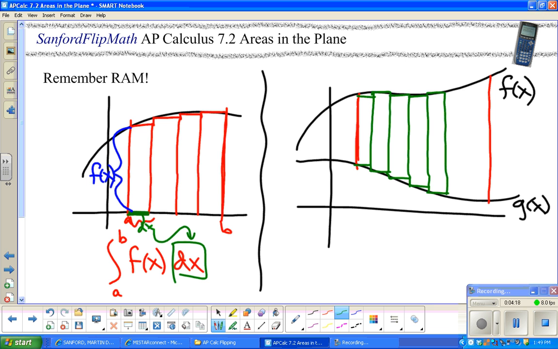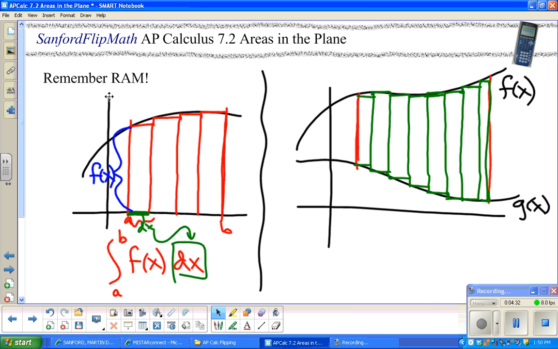But this is going to be more of an issue in the next section. You're going to need to be able to picture things as slices, and so that's why I want you to look at this that way. Looking at it this way, this distance is actually f of x minus g of x.